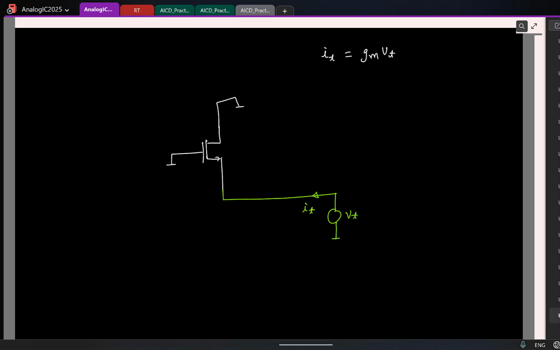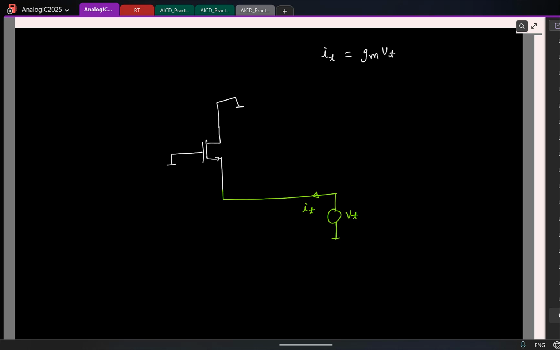But I want to have a smaller output resistance, which means, do you think this test current should be larger or smaller than this? My output resistance is Vtest by Itest. I want to reduce my output resistance. So do I want this Itest to be smaller or larger than this value? In addition to this, I already have a current flowing.